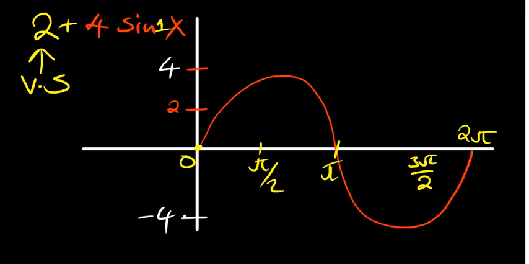So now that has moved to 2. You can move this point as well by 2, it will go to 6. You can move this point as well by 2, it will go to 2. This point by 2, it will go to minus 2. And then the last point from 0 as well, it will go to that point. So if you join all these points, this is basically what you're going to have. Something like this.